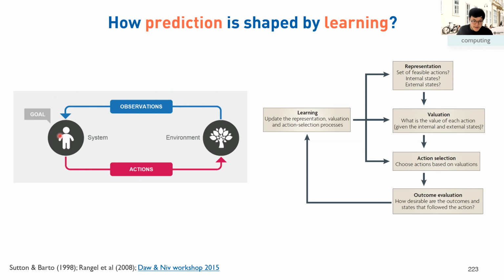And then the environment will return some outcome to you. What you can do with the outcome is use it to update your prediction. So you basically learn from the outcome, right?